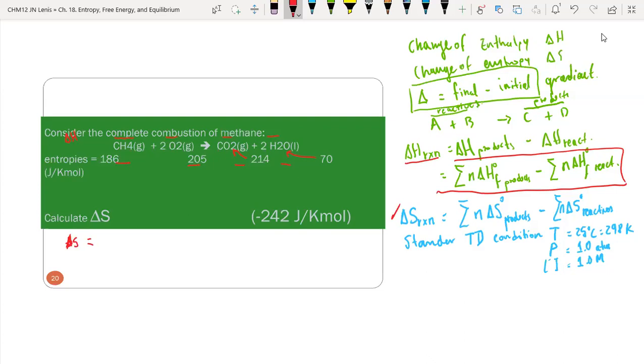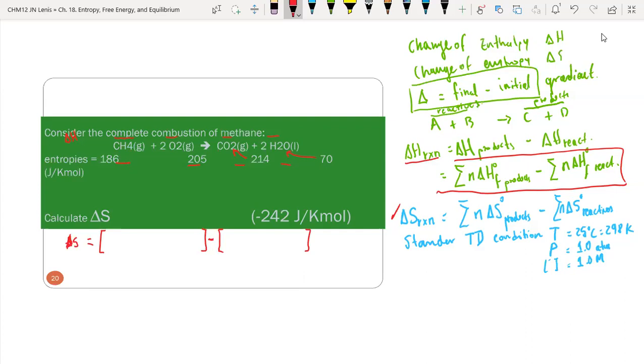And in order to prevent any confusion, any mistake with the signs, I like to use square brackets to separate my products and my reactives. You see?